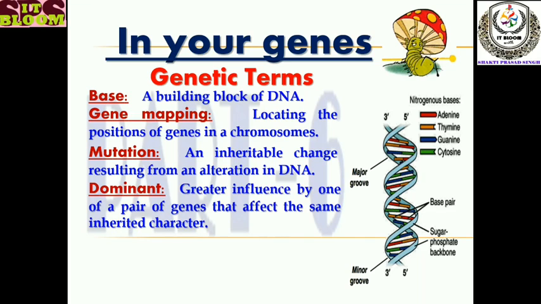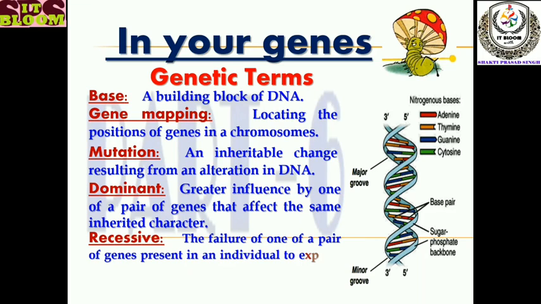Greater influence by one of a pair of genes that affect the same inherited character. In human beings, 46 chromosomes are there, that is 23 pairs, and if a pair is dominant, then that character will be dominant in that living being.